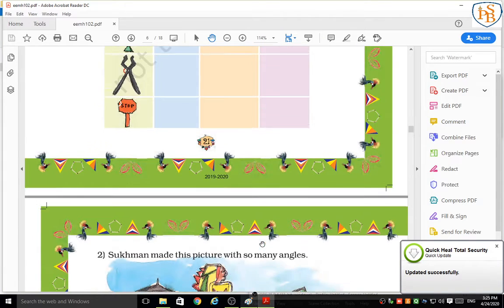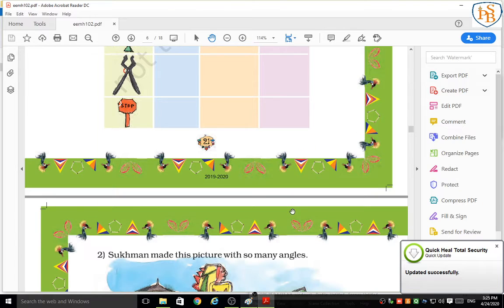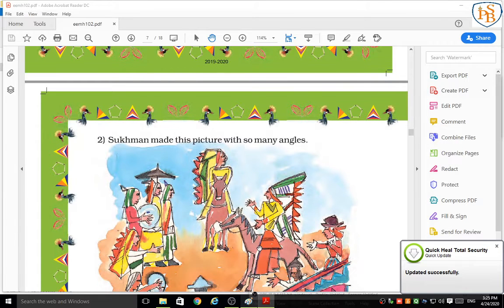We already solved this in the previous lecture. So in today's class we have some activities to do. Let's start today's session.